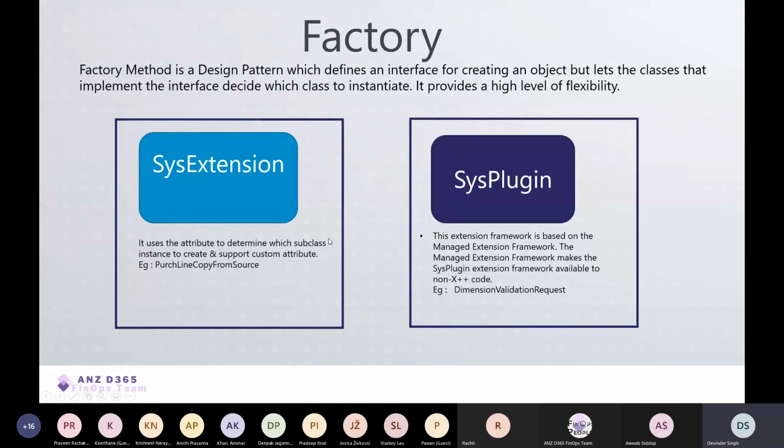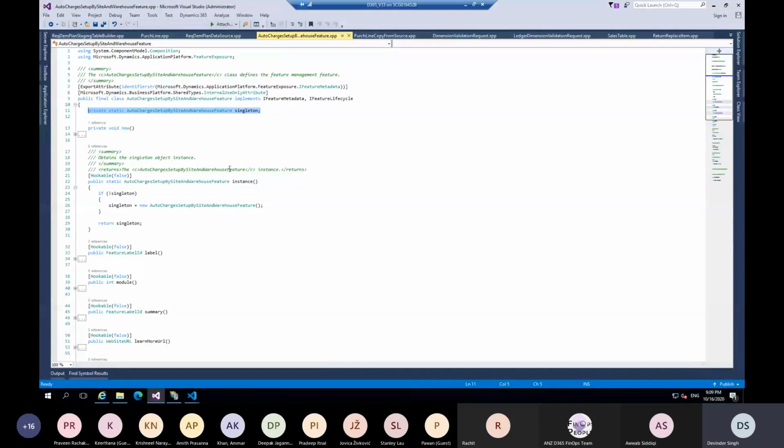If we go with the SysExtension framework, as talked about earlier, it's a type of factory design pattern. The attributes will help us in deciding which base class needs to be instantiated in a particular example.